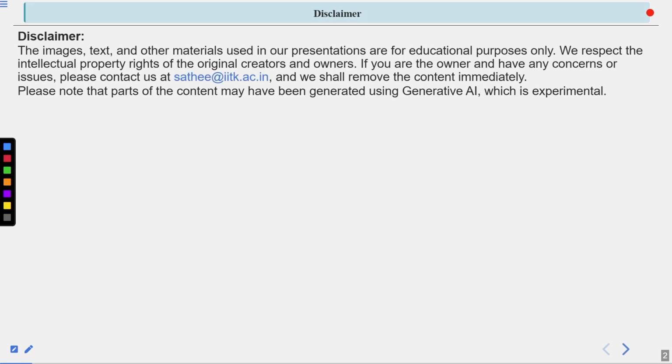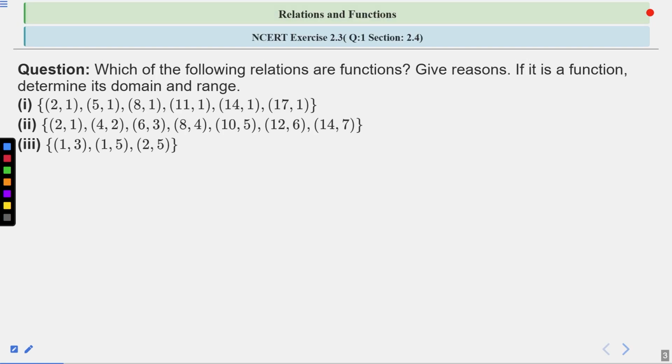So disclaimer. So the students focus on this problem. Okay. So this question, what it says, that which of the following relations are functions? Just give your reasons.